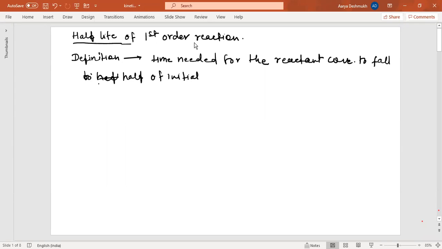So whatever is the initial concentration, whatever the time required to reduce this value up to half of its initial value, that is called the half-life of the reaction.